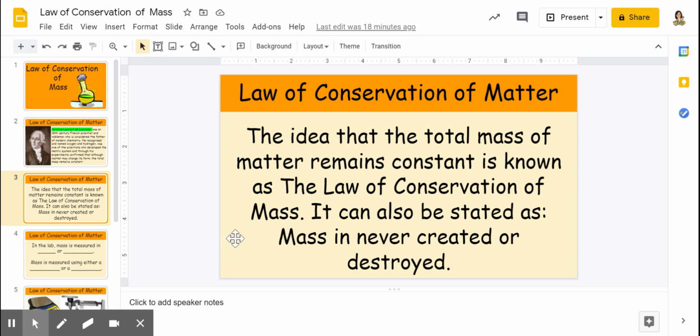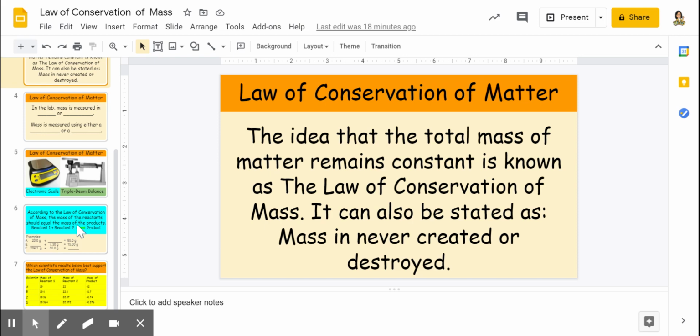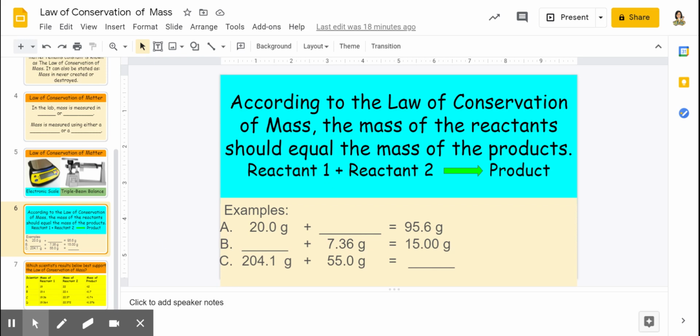So here you have the mass of the reactants is equal to the mass of the products. According to the law, the mass of the reactants, in this case reactants 1 and 2, is equal to the mass of the product.